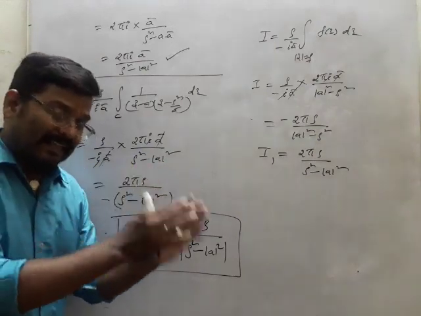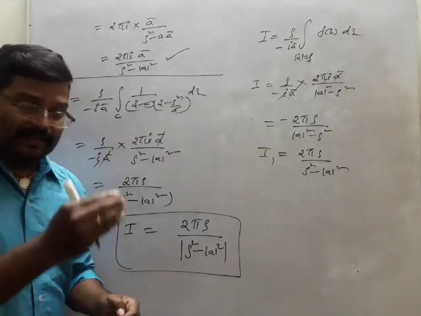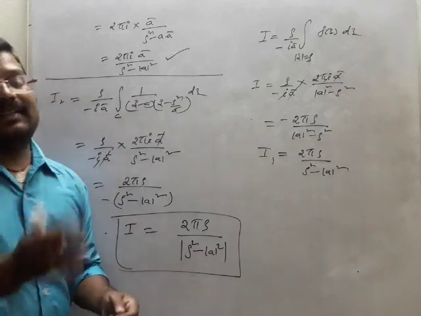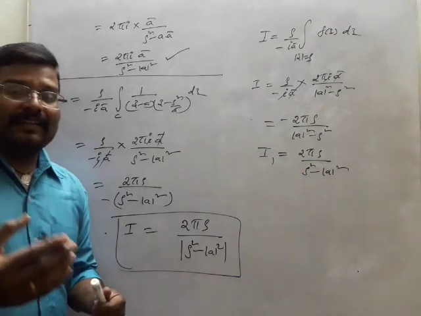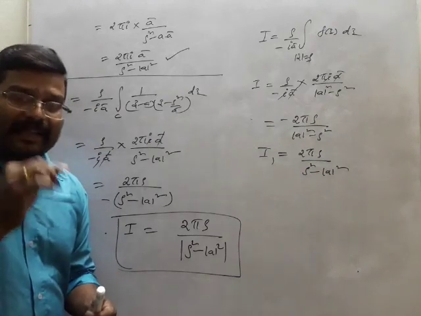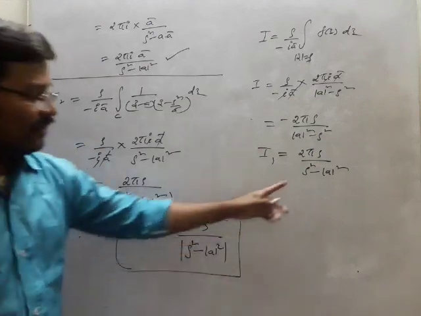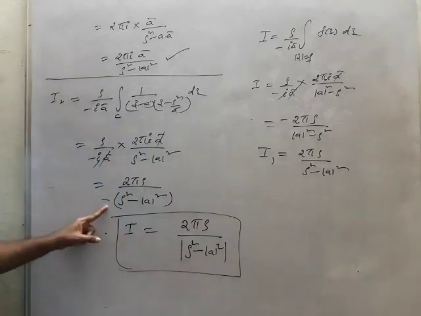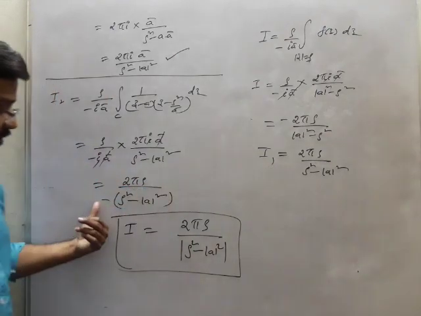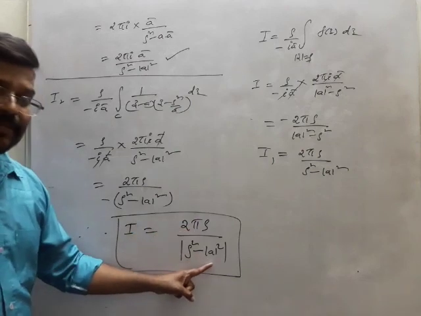One is A lies inside and rho square by a bar lies outside. That's the first condition. The second condition is A lies outside and rho square by a bar lies inside. The two conditions we should find out separately. The first condition we got positive, the second condition we got negative. So the combination of these two, we may write as 2 pi rho by rho square minus mod a square.